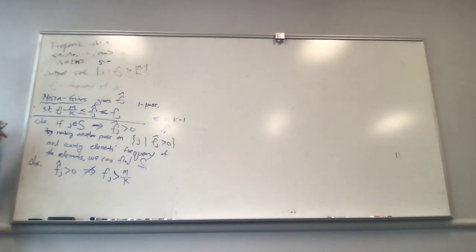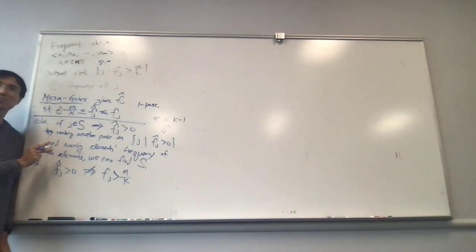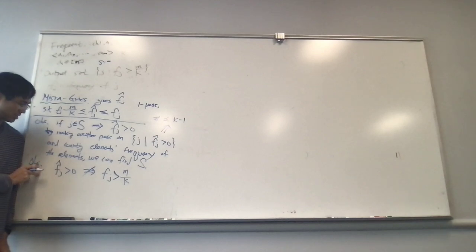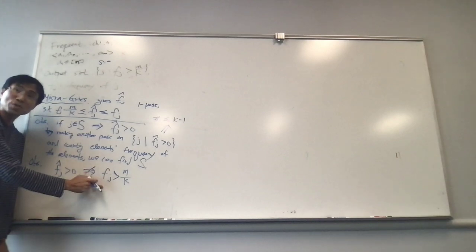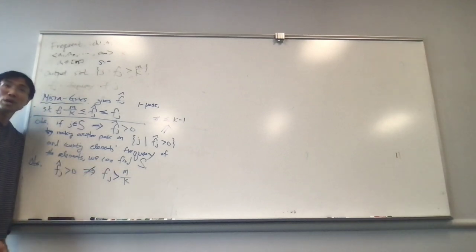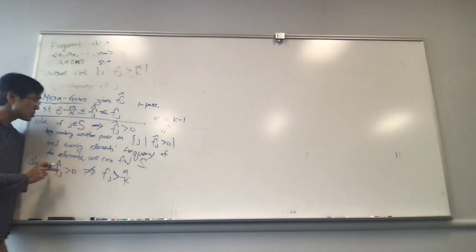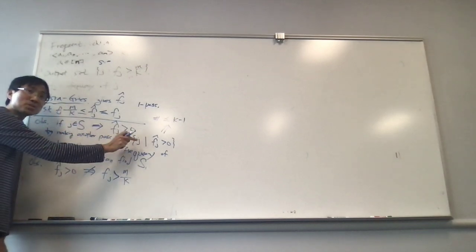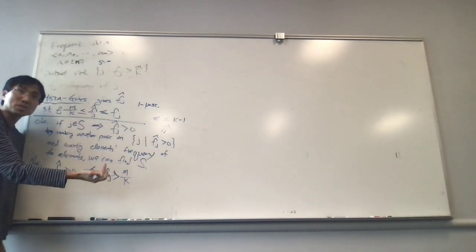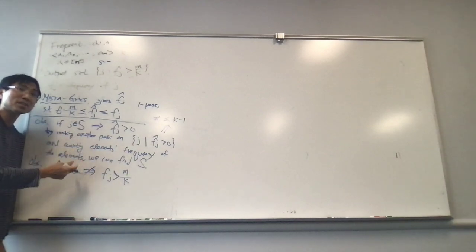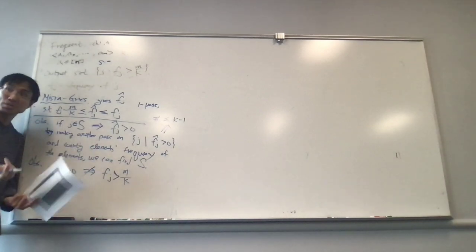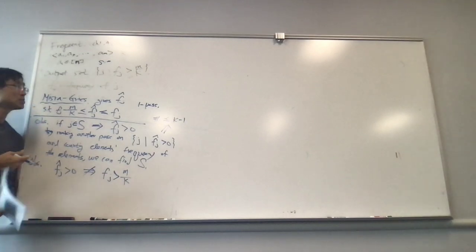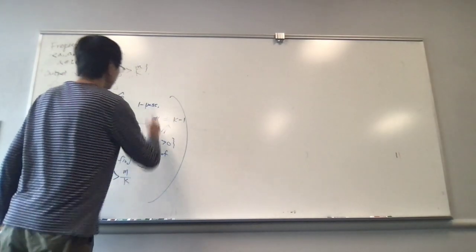Do you see why we must make a second pass here? Because if the estimate is positive, it doesn't necessarily mean that the true frequency is actually more than m over k. So we need to verify. All we know is that by running the Misra-Gries algorithm, we can identify only a few elements that can possibly have high frequency. In the second pass, we verify which of them actually have high frequencies. That's why we make two passes. The whole algorithm is a two-pass algorithm.